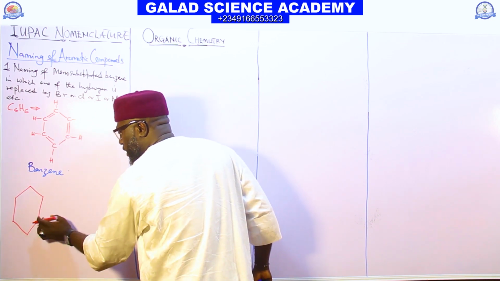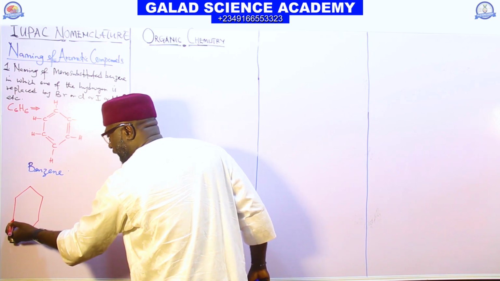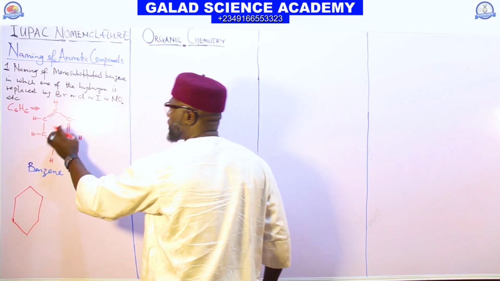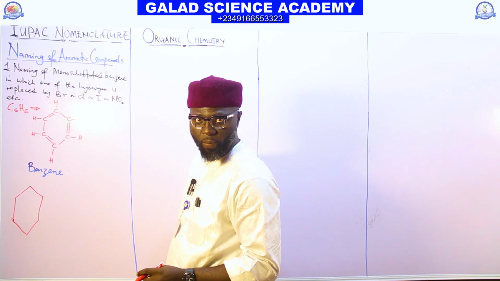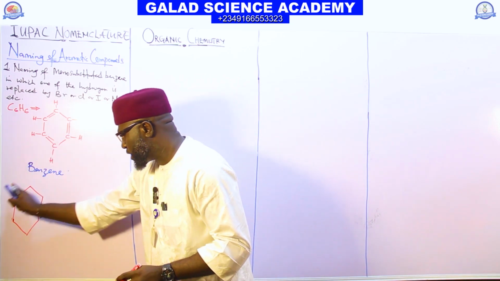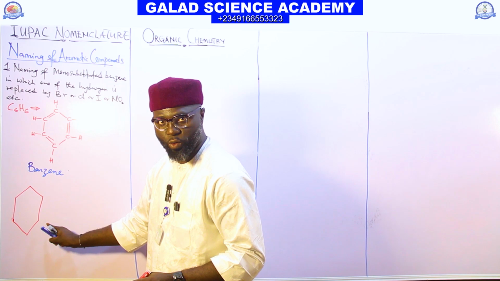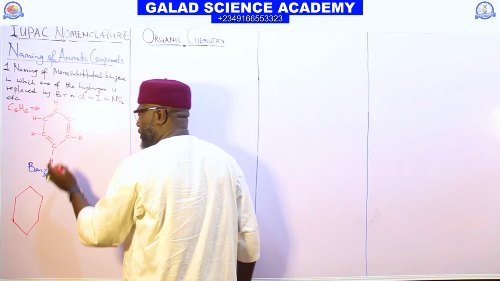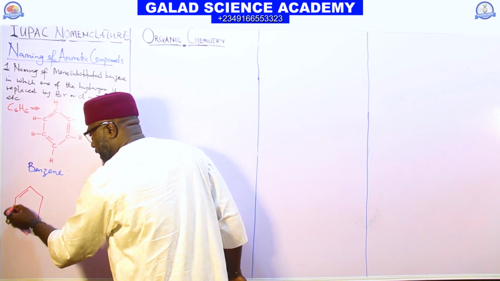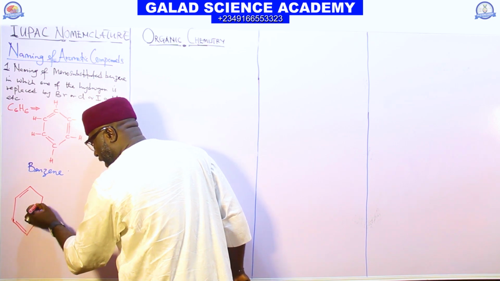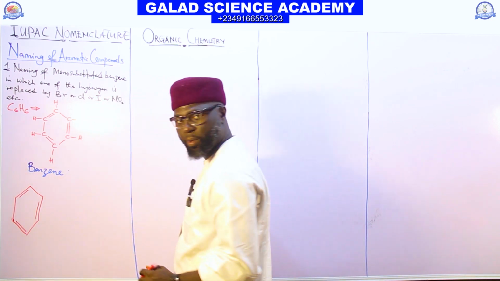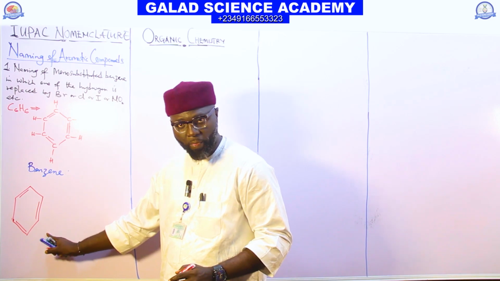Each angle you have here represents a carbon. The hydrogen there is invisible. And you now show the double bonds. We have it here, here, and here. This is also benzene.